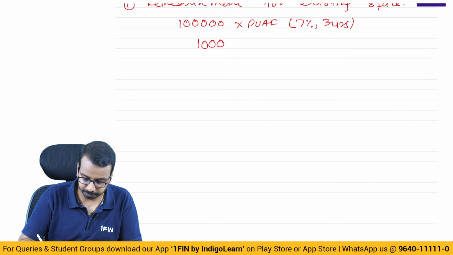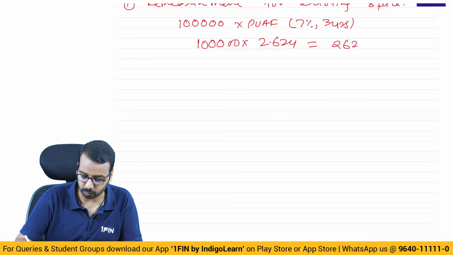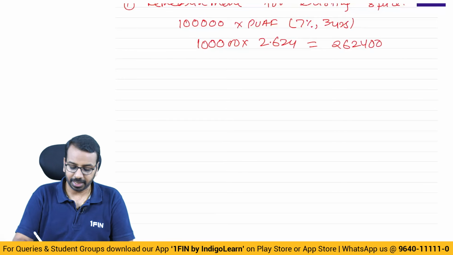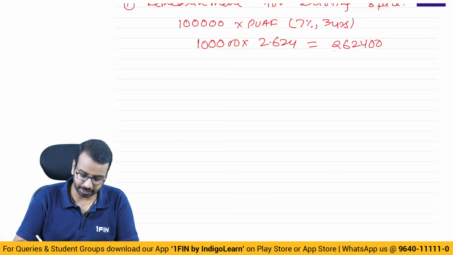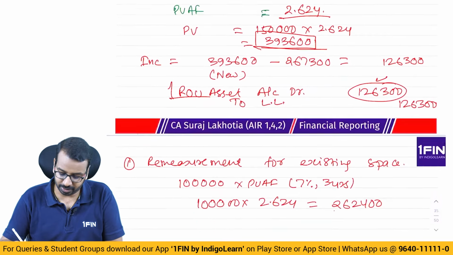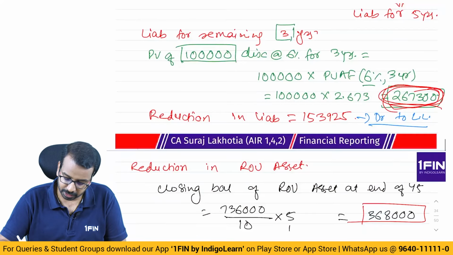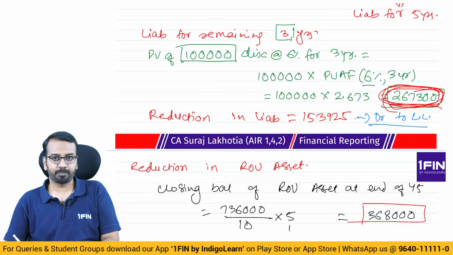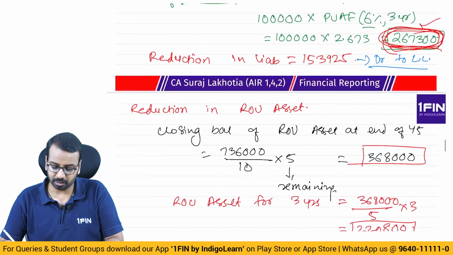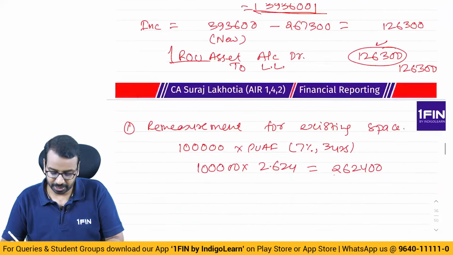So 1 lakh into 2.624 is equal to 2,62,400.